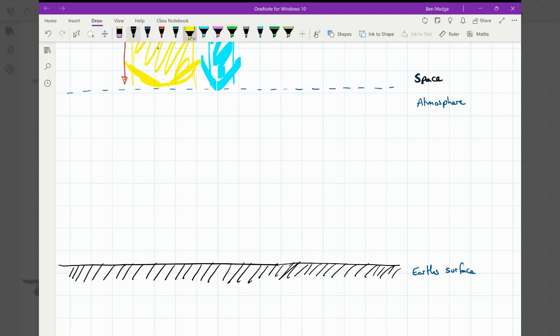What we find is that incoming solar radiation, let's say that is 100%. So this is 100% of the incoming solar insolation at the surface of the atmosphere.